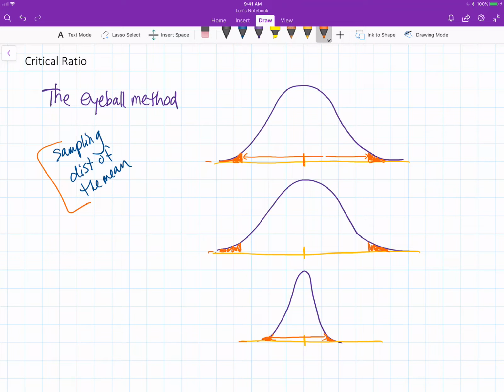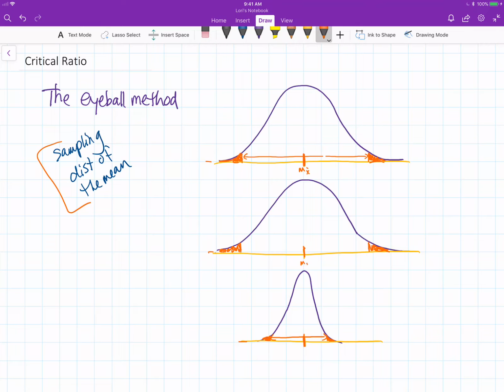You'll notice that all three of these sampling distributions of the mean are located at the same place. So they're intended to have the same mean along the scale of whatever continuous variable we're measuring. So here's our mean of the x bars.